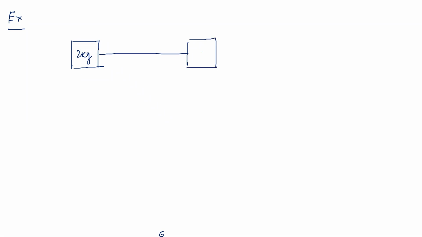See here, students. For example, let there be a 2 kg object, and at some distance, let there be a 5 kg object. Let the distance between them be 10 meter. Yes or no?